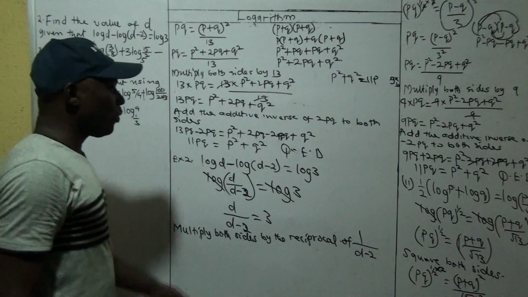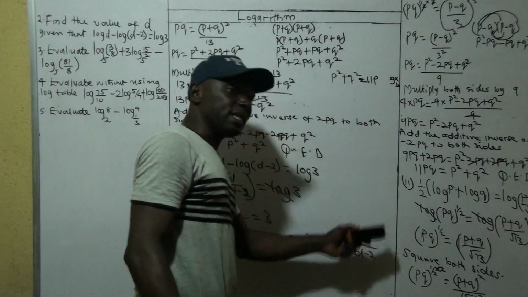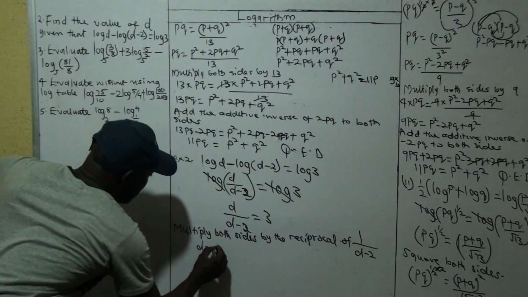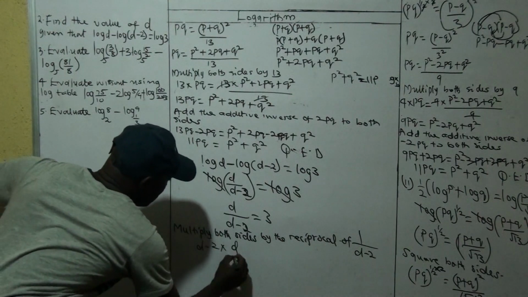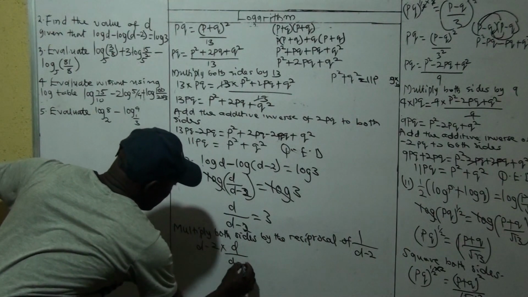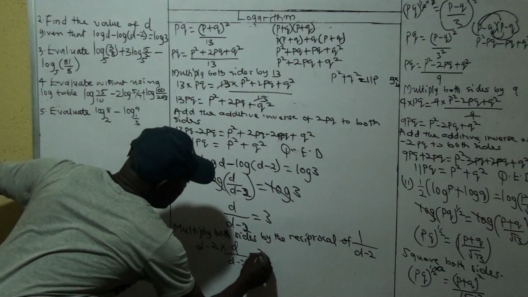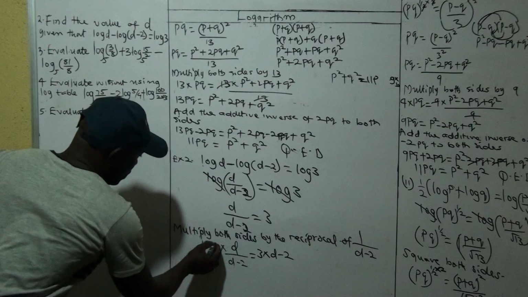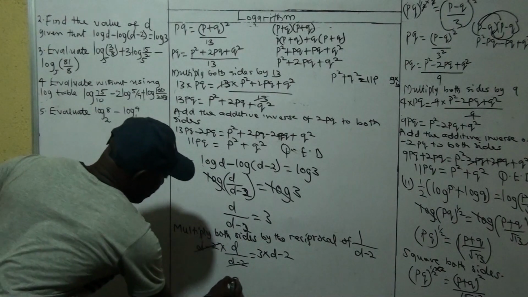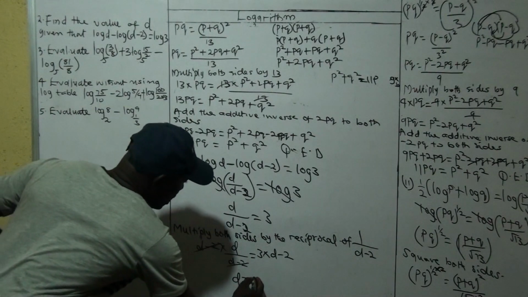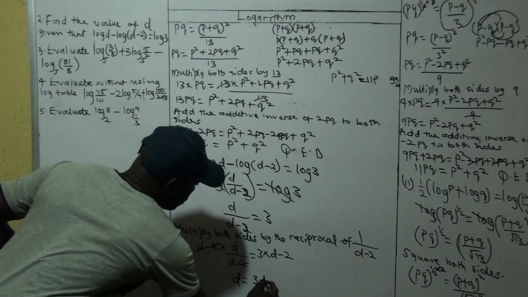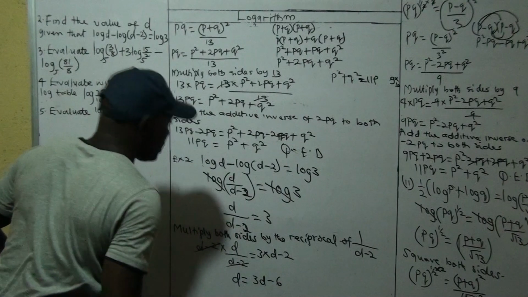So the reciprocal of 1 all over d minus 2 is d minus 2. So this becomes d minus 2 times d all over d minus 2 is equal to 3 times d minus 2. So this d minus 2 will go with this, so we're left here with d is equal to 3 times d is 3d, 3 times minus 2 is minus 6.